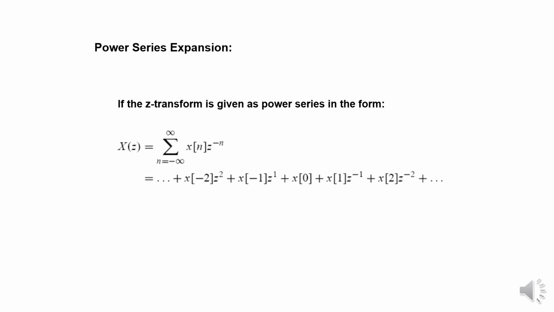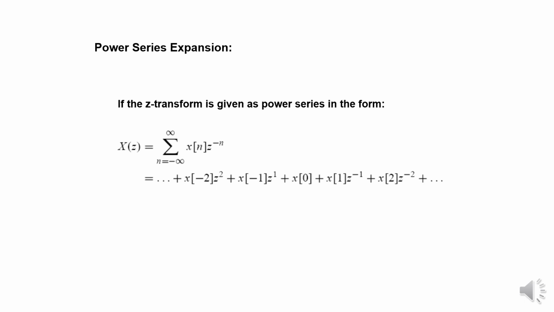That means that is the term when n is equal to minus 2, right? Can you understand? n is equal to minus 2. Let's say you will have a term like 3 z to the power minus 1.